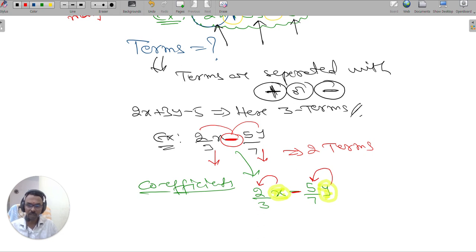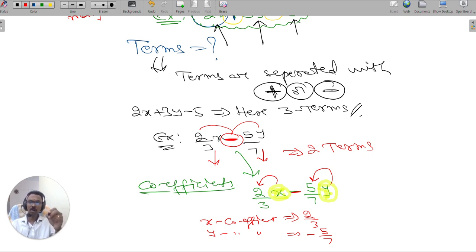The x coefficient is the multiple of x, that is 2 by 3. The y coefficient is minus 5 by 7. Coefficient is nothing but the multiple of the variable, with the sign.